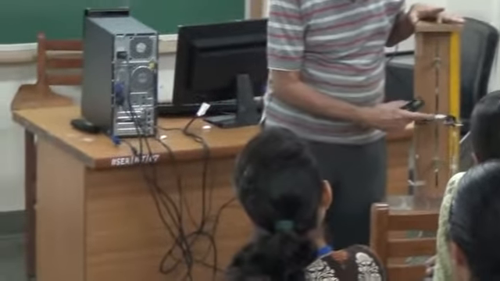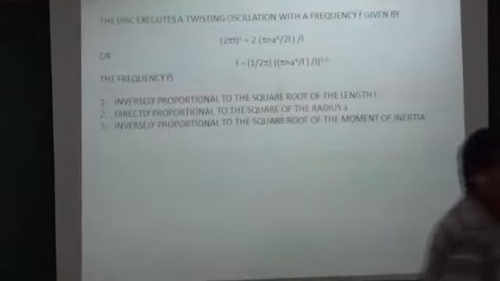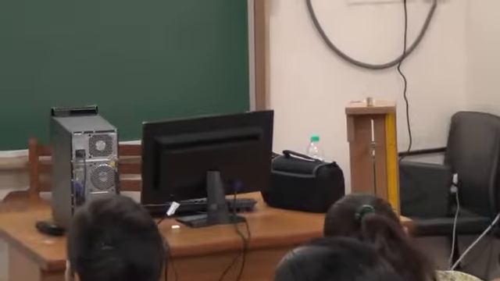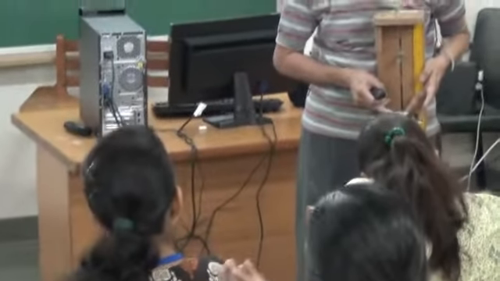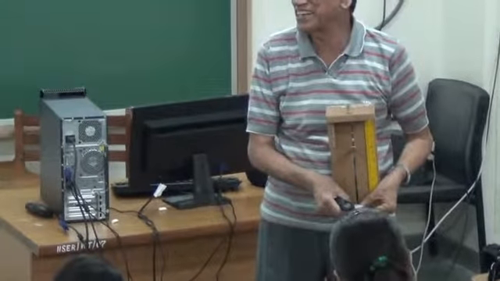And I have chosen a brass disc of a suitable dimension so that the moment of inertia is such that the frequency will be inversely proportional to the square root of I. I must reduce I to increase the frequency. So my disc is very small. It is a brass disc about 5 centimeters across, half a centimeter in thickness.